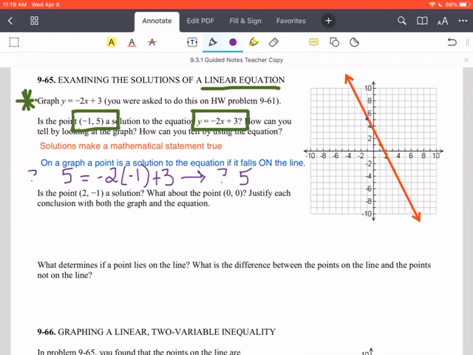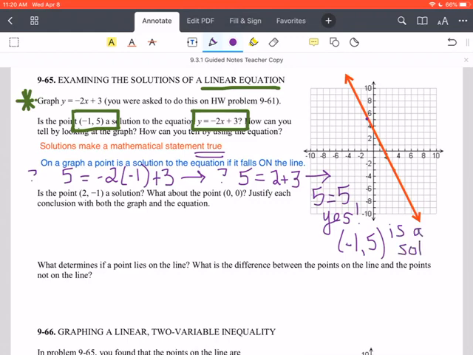So is 5, I have my question mark, negative 2 times negative 1 is 2, plus 3. Well, 2 plus 3, 5 equals 5. So is that true? Does it make the mathematical statement true? Yes. So we can say that negative 1, 5 is a solution. SOL in math usually stands for solution.